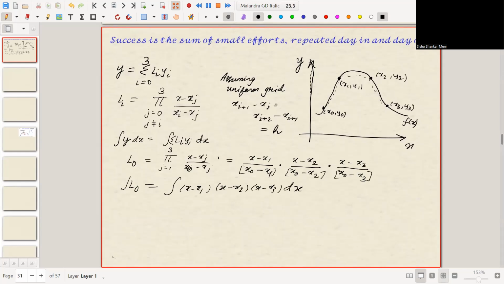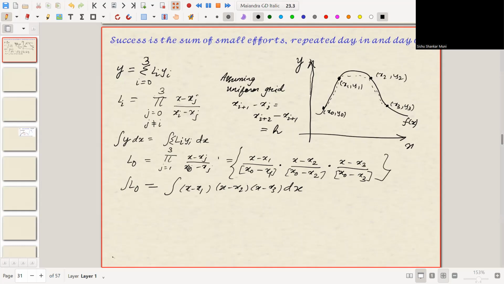Is it understood? After we see an expression, we should not start solving it blindly. You have to analyze the function you are seeing, then you move your pen. This is the best approach. Now you are seeing that L naught is this guy here.